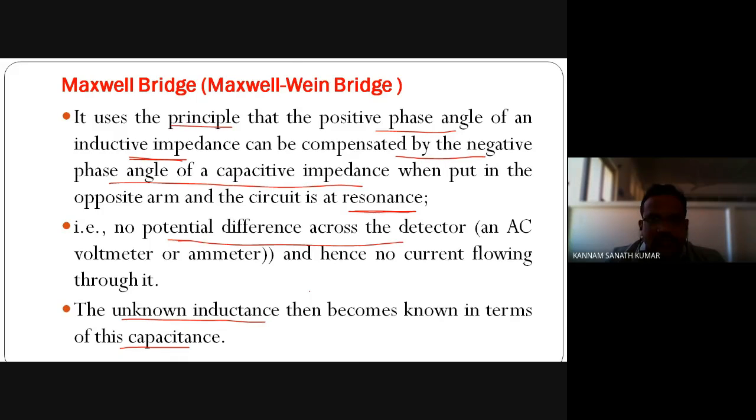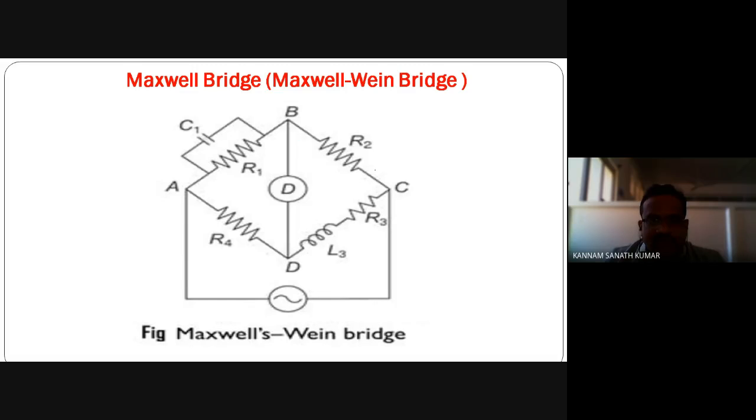If you observe Maxwell's bridge, R2 and R4 are the known resistances. As I told you, the capacitance and resistance are also known values. Here the capacitive impedance and the inductive impedance are placed opposite to each other.